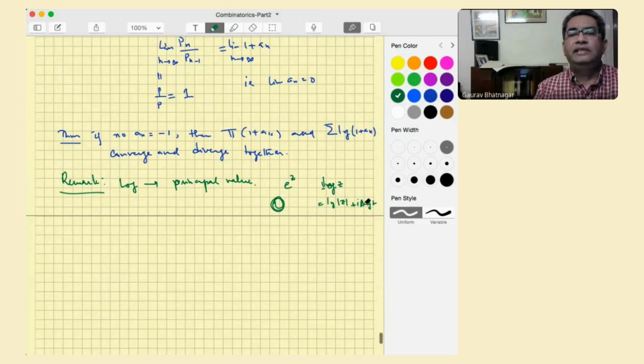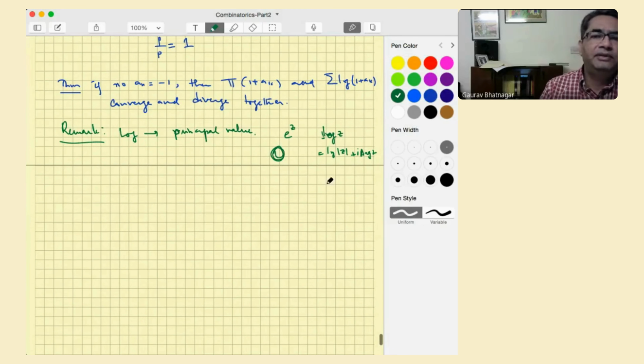And when the argument is the normal one, it's the principal value. I won't go much into that. If you don't understand it, it doesn't matter. Think of it as a real part, and whatever happens in the log will happen at some point.